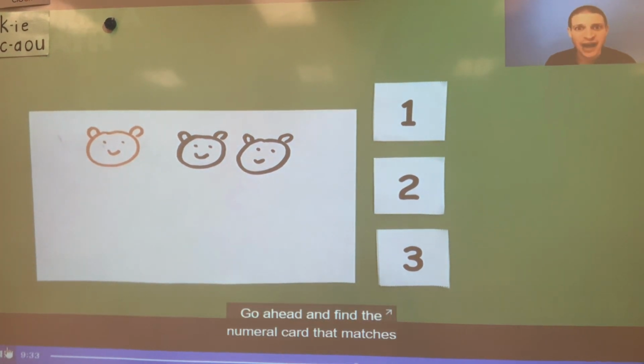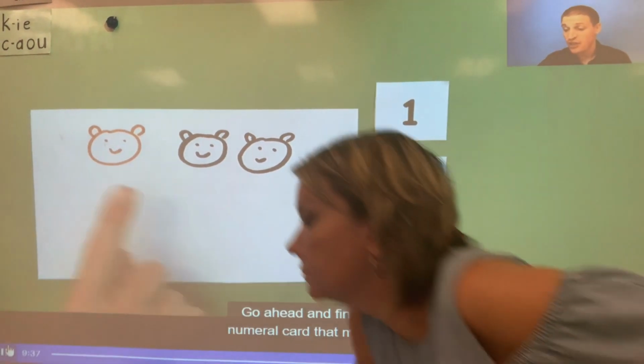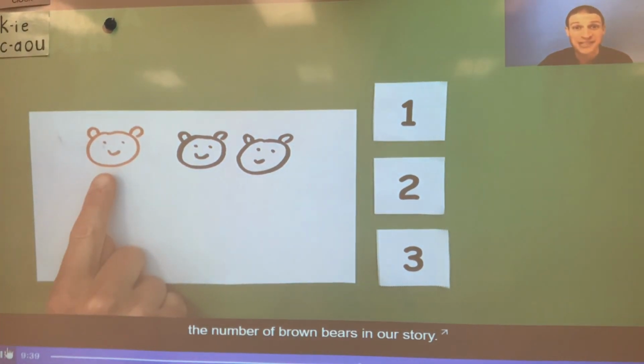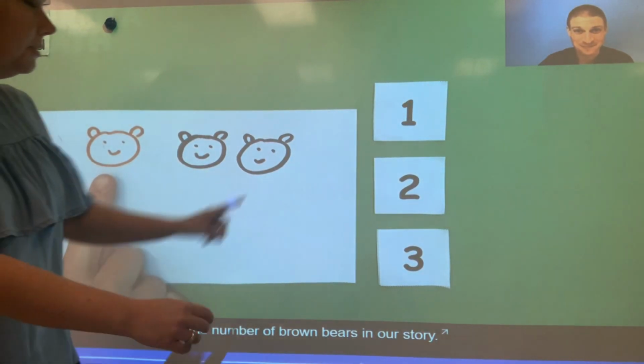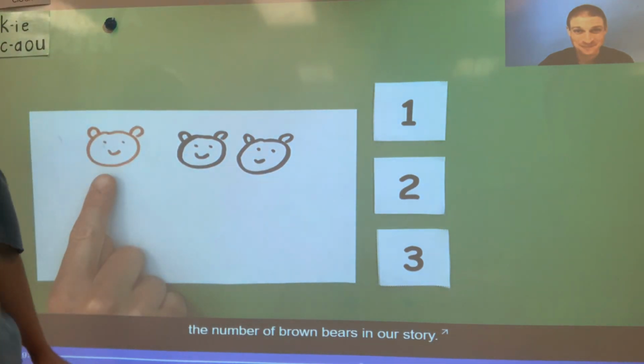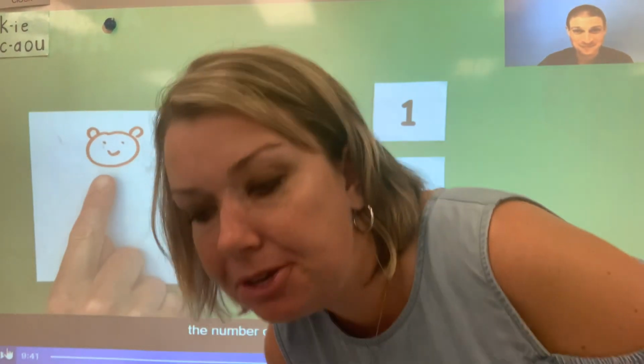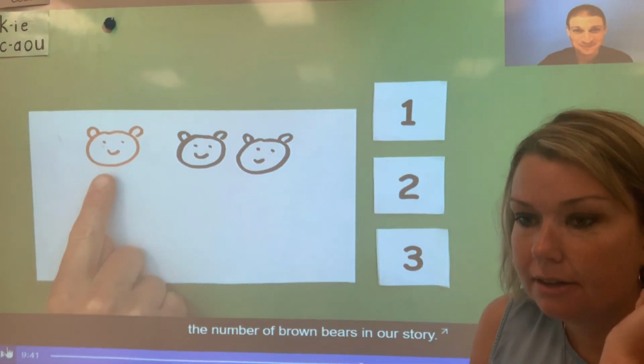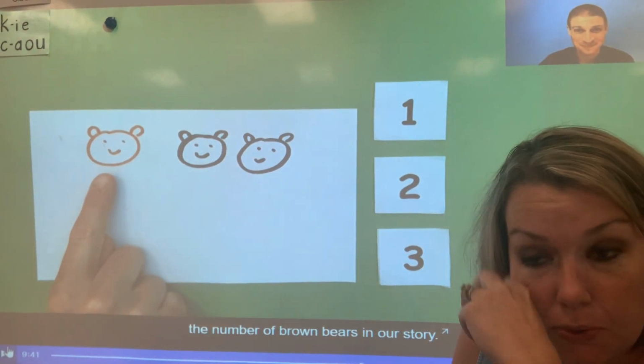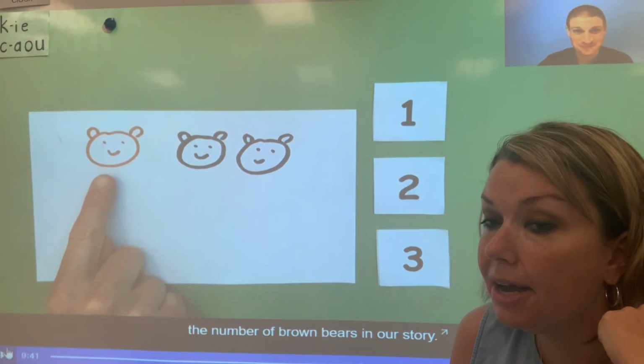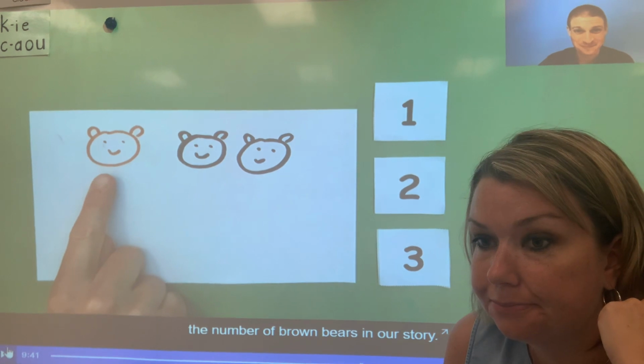Go ahead and find the numeral card that matches the number of brown bears in our story. Hold up your fingers to tell me. How many brown bears are in this story? Just brown bears, only brown.